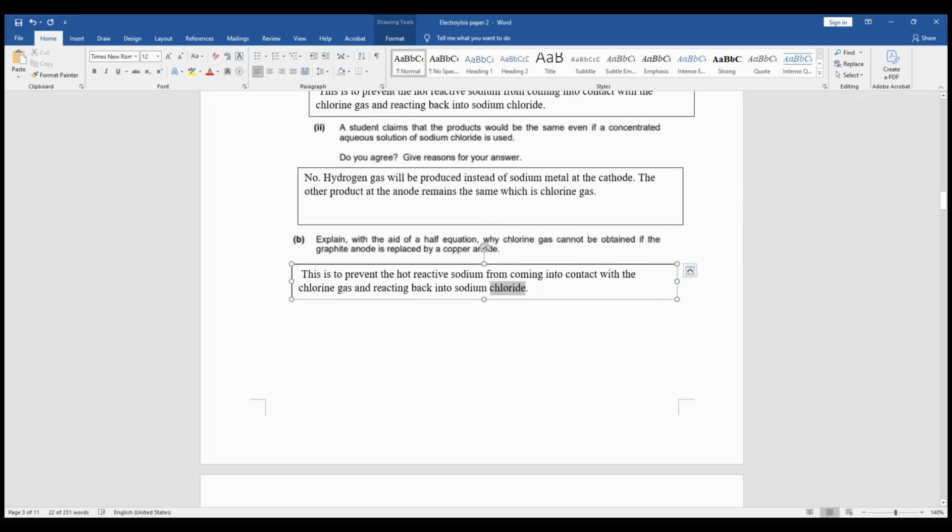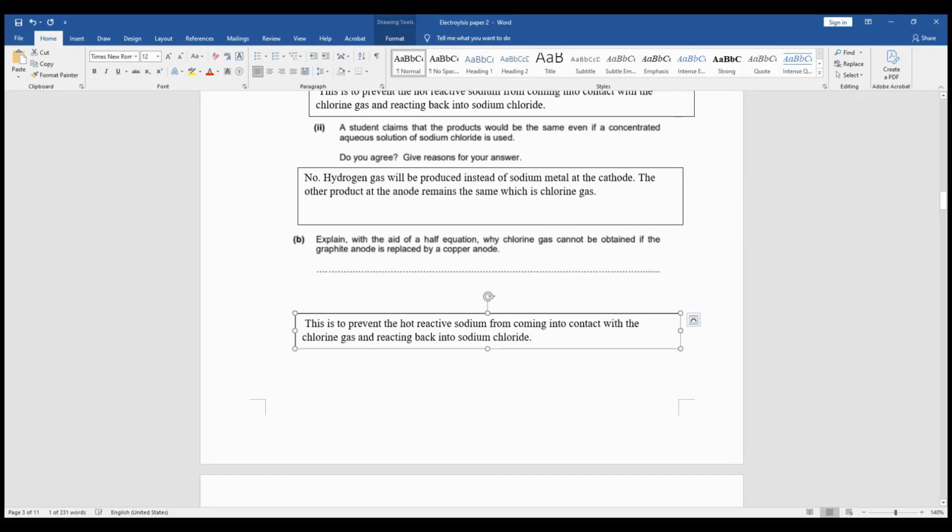Oh, they want a half equation, so let's write the half equation first. For copper at the anode, copper becomes copper 2 plus. It's going to lose its electrons.